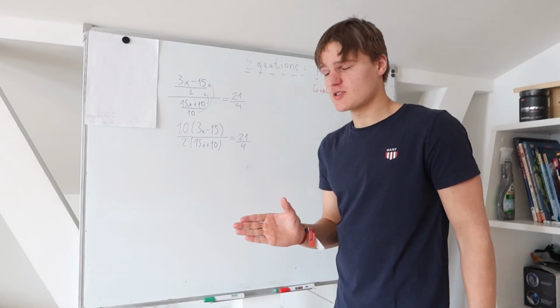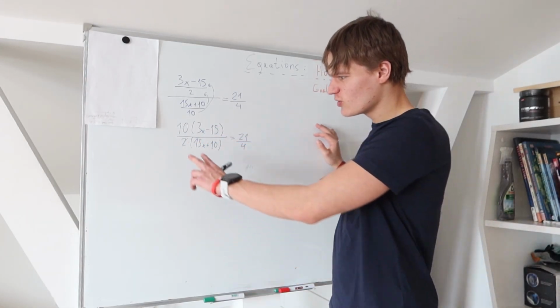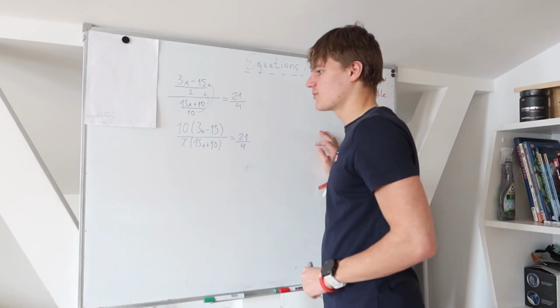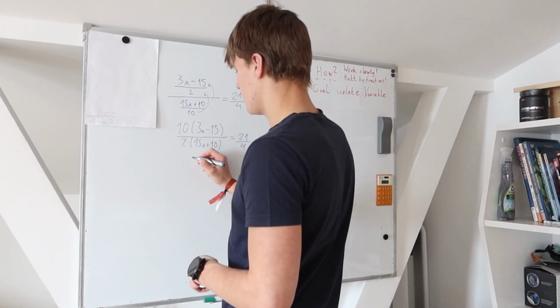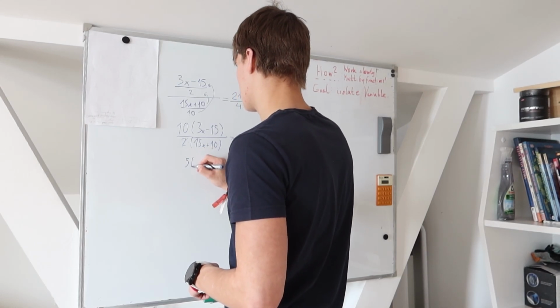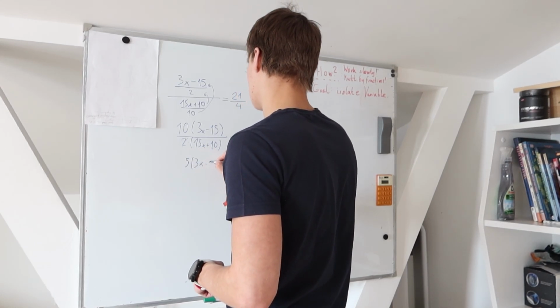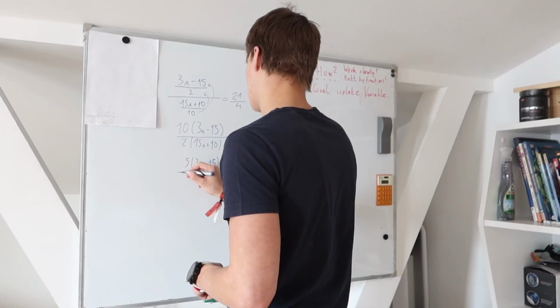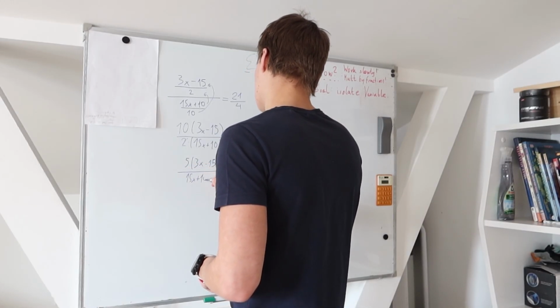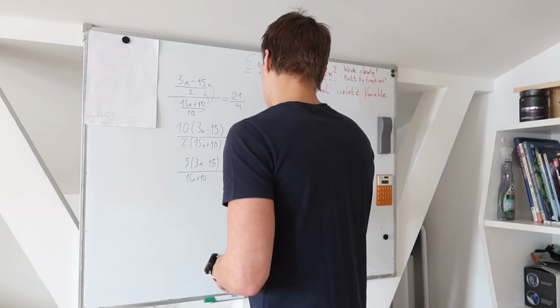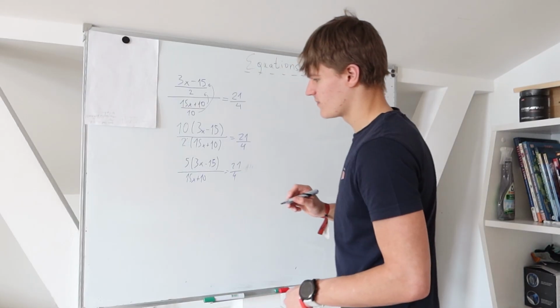So this is why that's possible, because there is no plus or minus here. You're just doing multiplication in this example, right? So you can actually say that this is just 5 times (3x minus 15) over (15x plus 10) is 21 over 4.